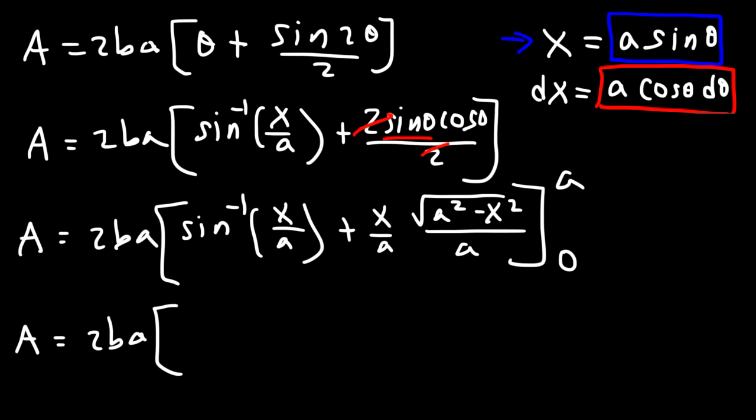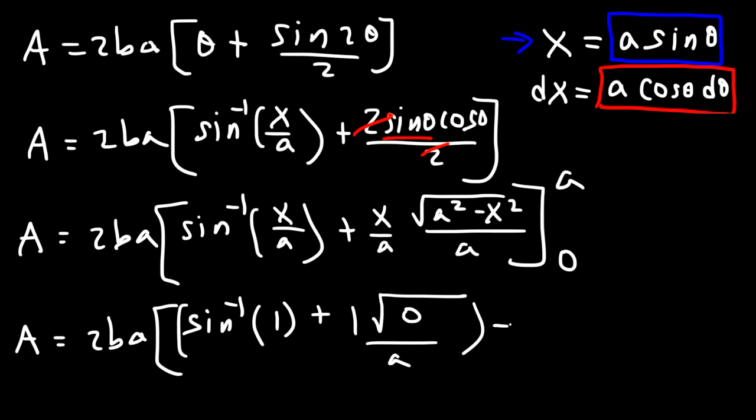So let's plug in a. So this is going to be arc sine. We're going to replace x with a, so a over a, that's going to be 1. Plus a over a, which is 1 again, if you replace this with a. And then it's times a squared minus a squared, so that becomes 0.